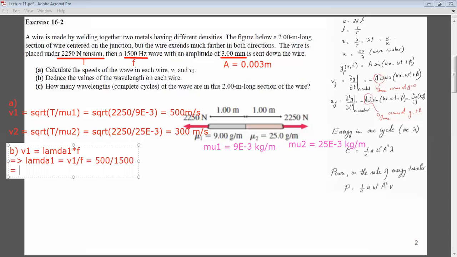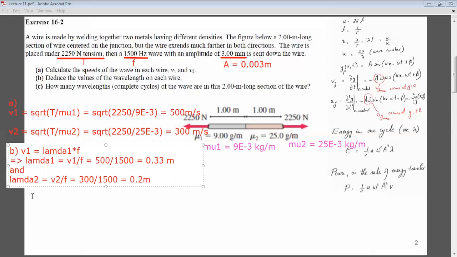This will give me 0.33 meter. And lambda 2 is equal to V2 divided by the same frequency, 300 divided by 1,500, and this gives me 0.2 meter.